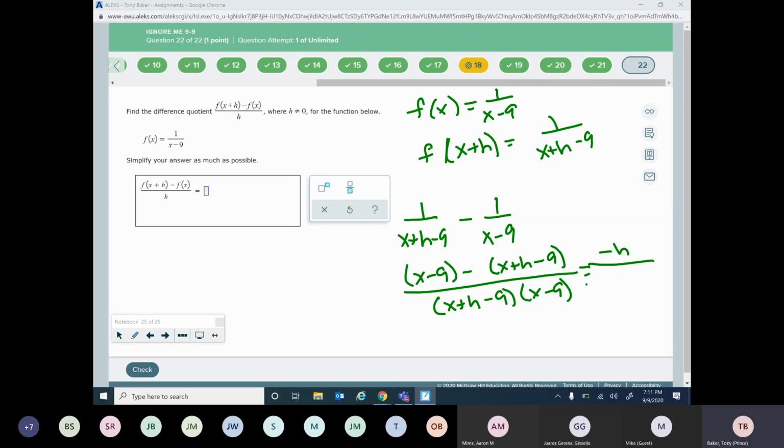And then I have it over x plus h minus 9 times x minus 9. And that whole thing is divided by h. So I have negative h over x plus h minus 9 times x minus 9, times 1 over h. So my h's are going to cancel each other out.